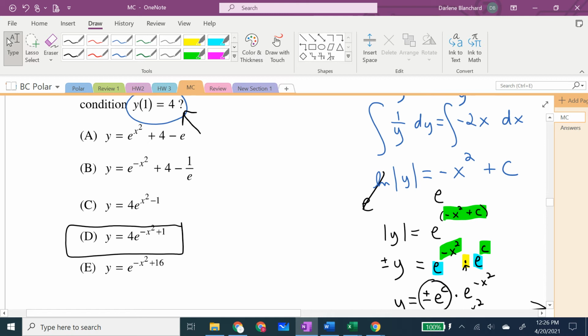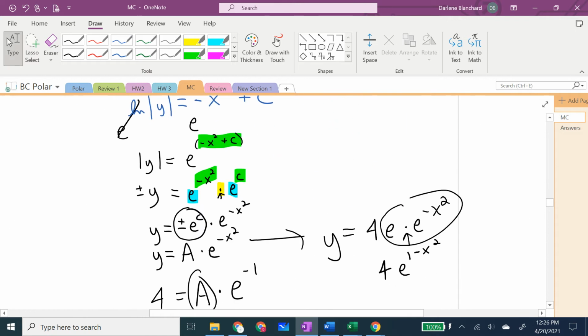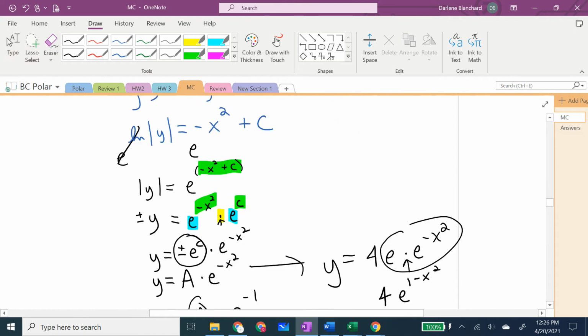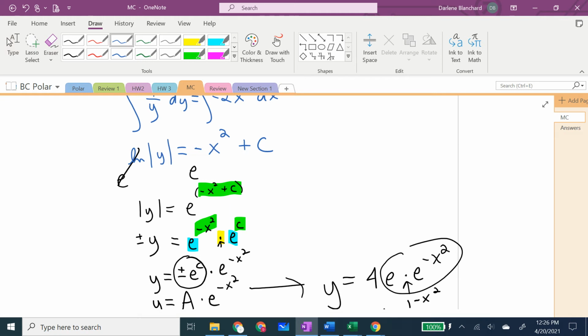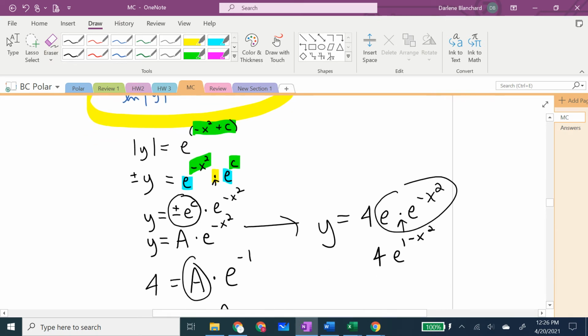So if you are extremely familiar with this solution, you want to be able to actually very quickly go from, I'm getting this out of the way. Look at this. And look at this.